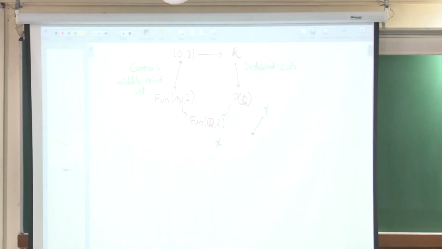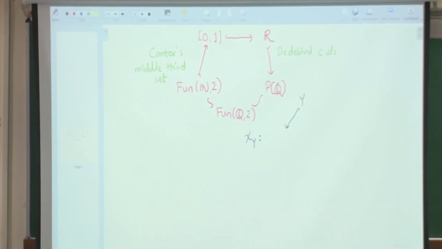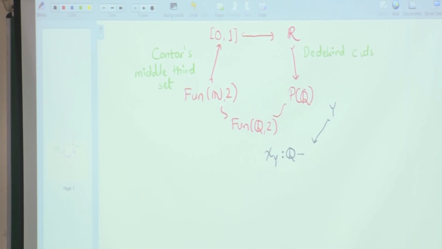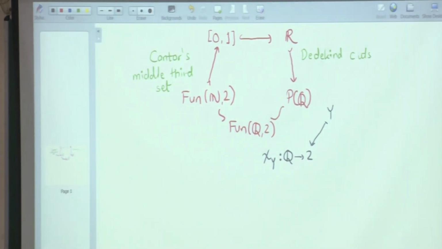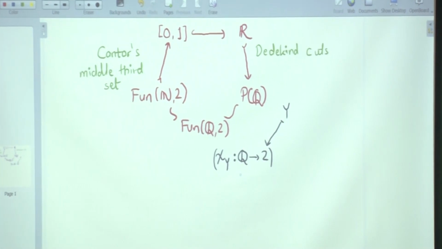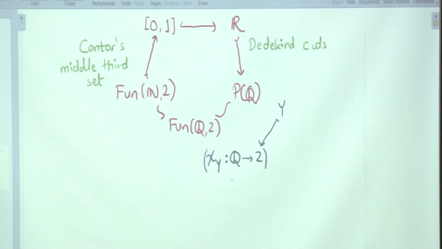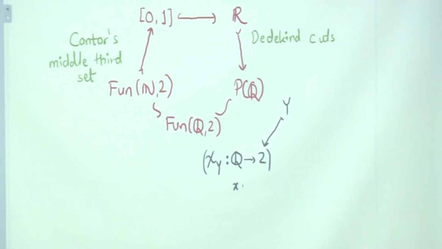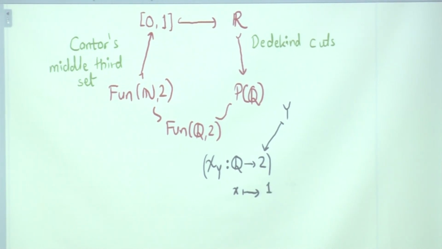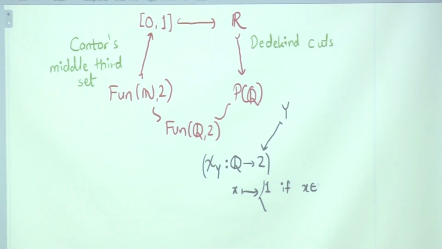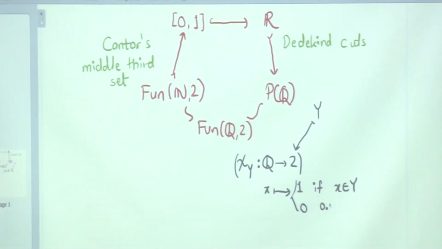So this map is, if you are given any subset Y, where will Y go here? It will go to the characteristic function of Y, which is a function from rational numbers to 2. How is that function defined? It will send a rational number, let us say x, to 1 if x belongs to capital Y and 0 otherwise.